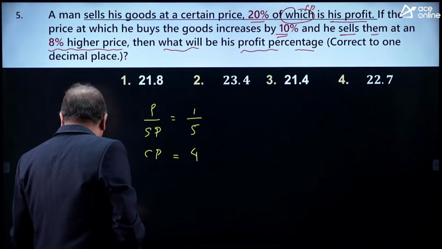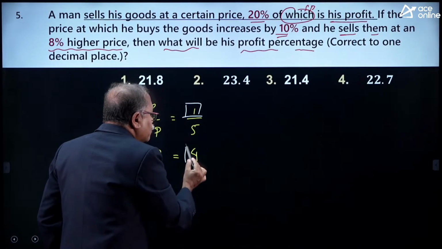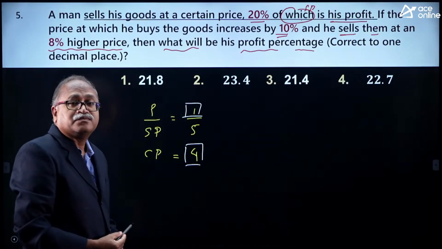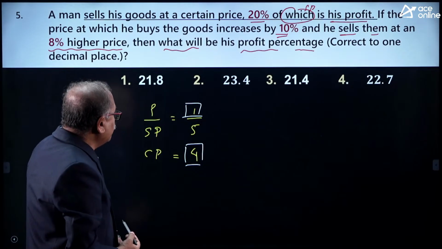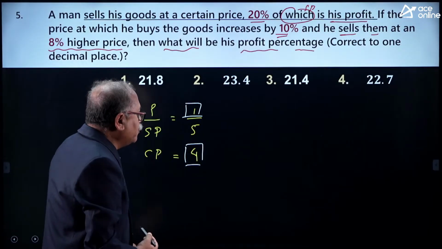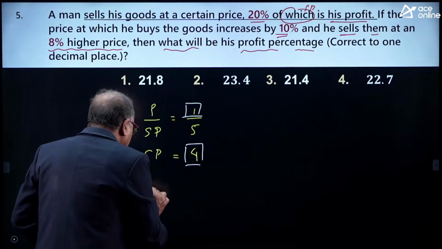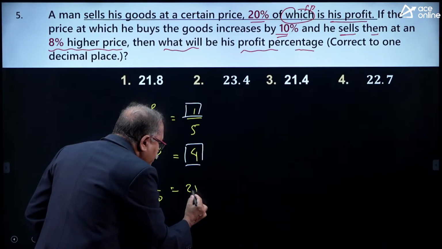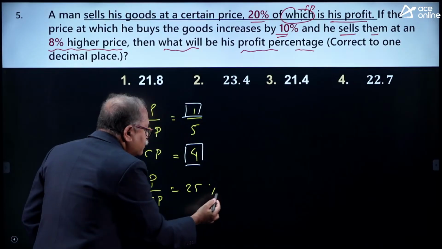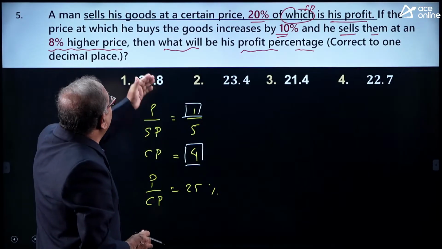So, profit is 1 part and the cost price is 4 parts. So, what is the original profit? The original profit will be 1 over 4, that is profit over cost price, which is nothing but 25%. Done.